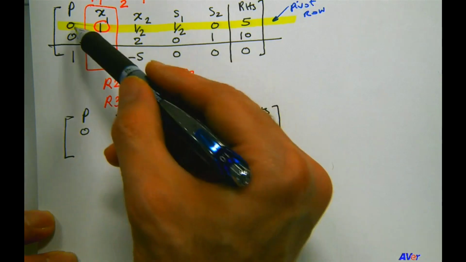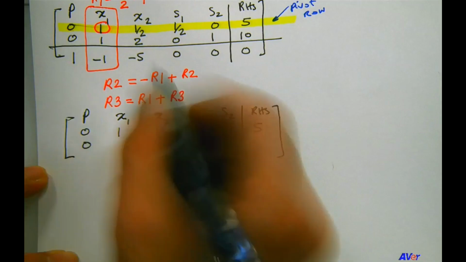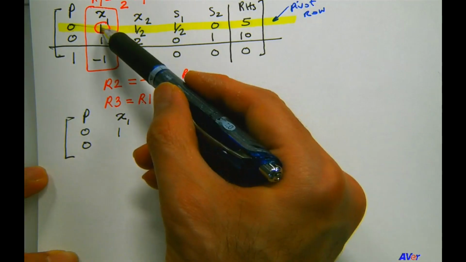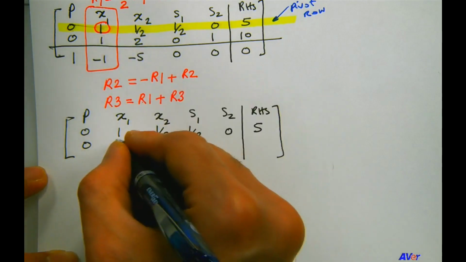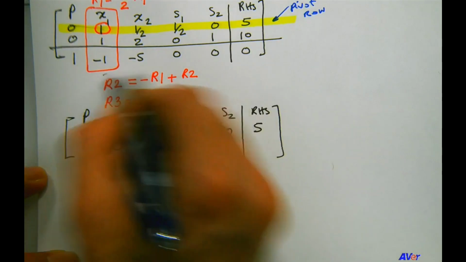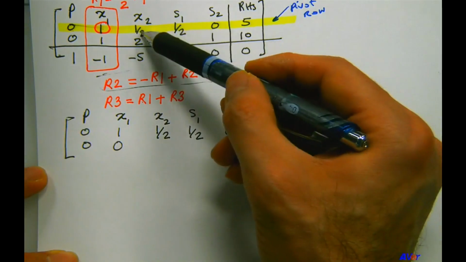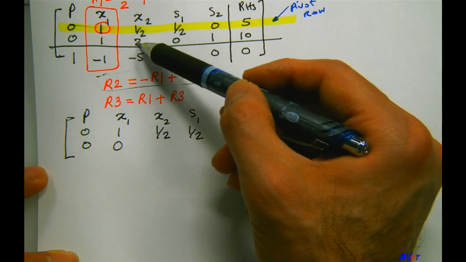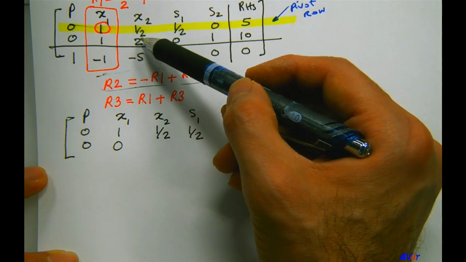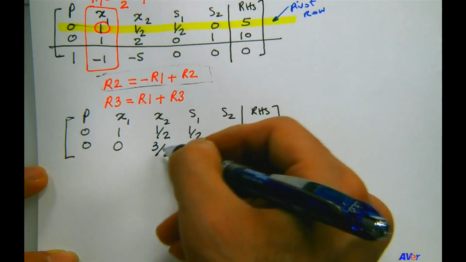So -1 times 0 is 0. 0 plus 0, 0. -1 times 1, -1. Plus 1, 0. Right? We're carrying out this row operation, this one. -1 times 1/2 is -1/2. Plus +2, it's +3/2. These are small, easy fractions to handle.